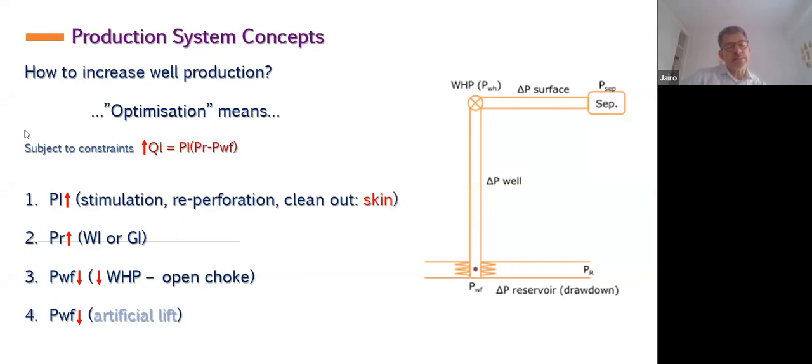By decreasing the flowing pressure, the wellhead pressure should be decreased, or we need to open the choke in order to decrease the bottom hole pressure. The other option is, if the well was flowing naturally, now it's time to consider installing artificial lift.